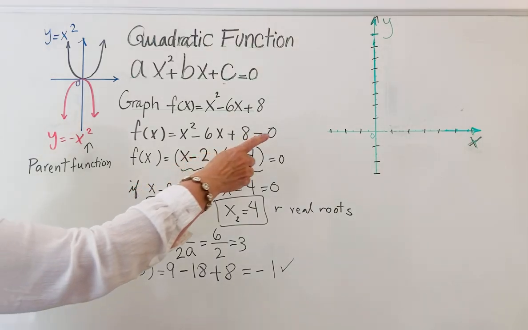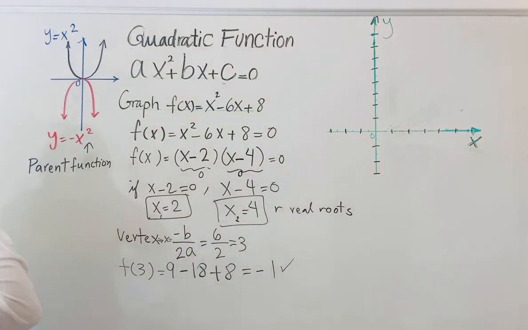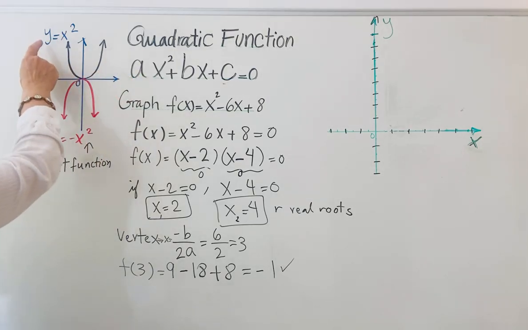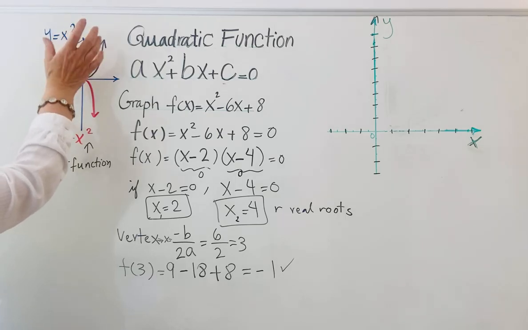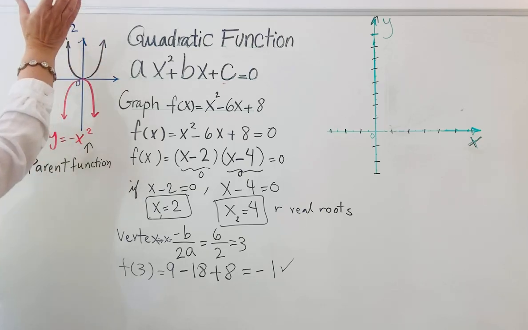Now, before we go and do this one, we know that the parent function x squared is the simplest form of a quadratic function. When f of x is x squared, when the coefficient is positive, we have a parabola upward.